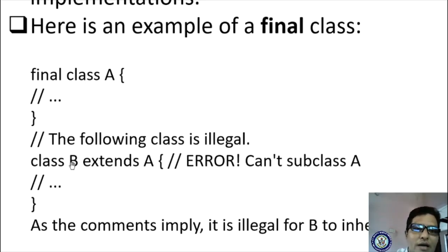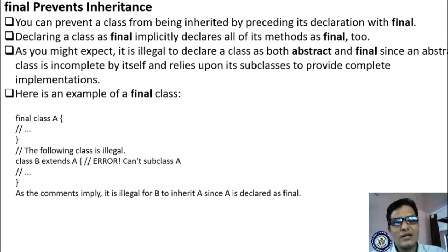Now I'm writing class B extends A. It gives an error. Whenever you are compiling, at compile time you get an error because class A is defined as final, which is constant, which never changes. Got it? So likewise it will evaluate. If you try to extend a final class, it will give an error.